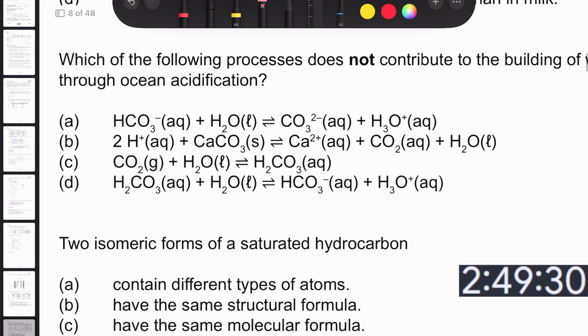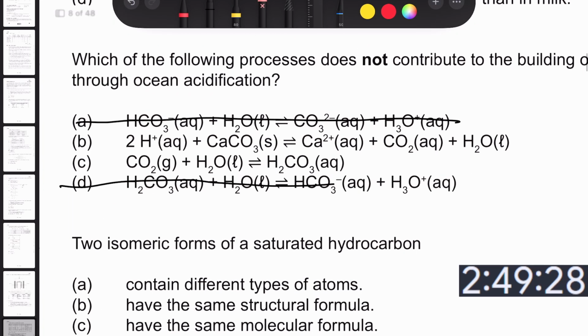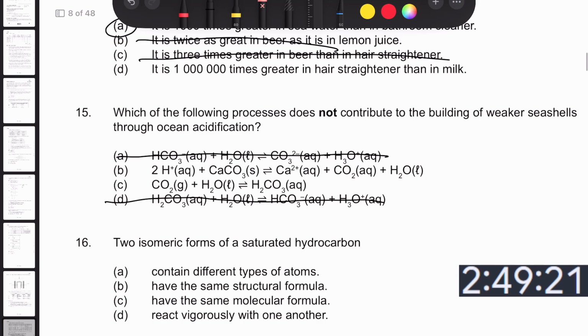Okay, I think A and B definitely aren't because they're just showing ocean acidification. So it's between these two.